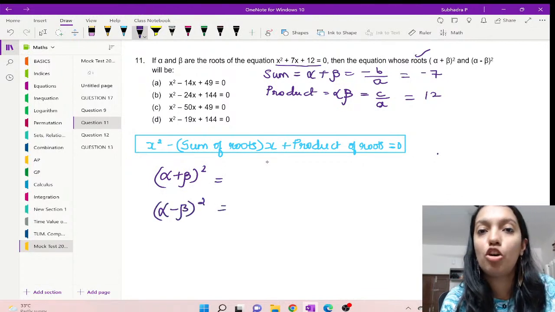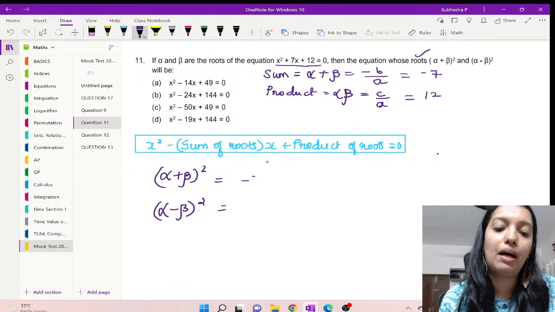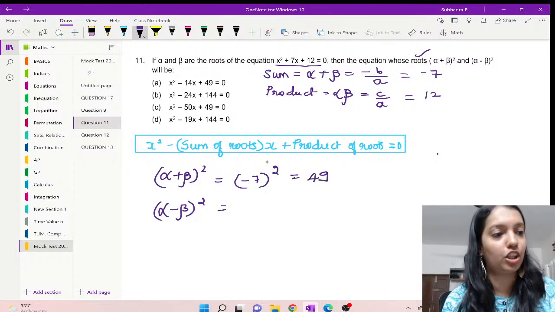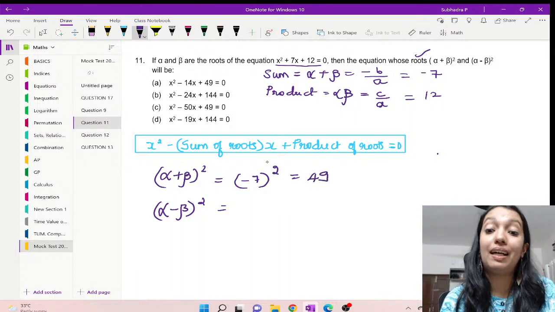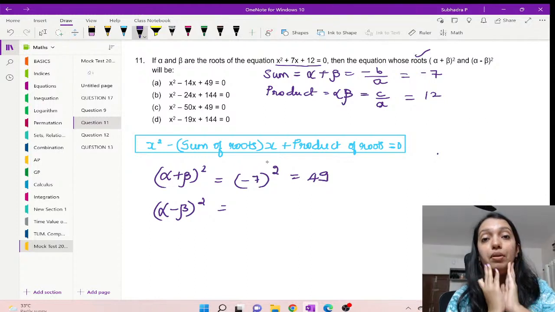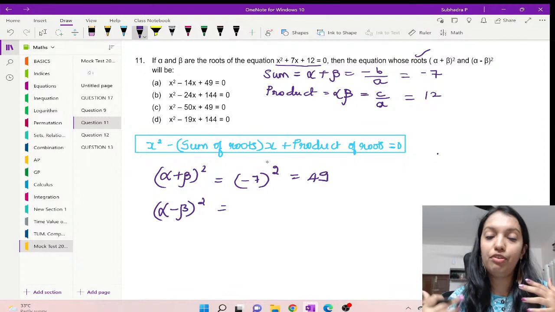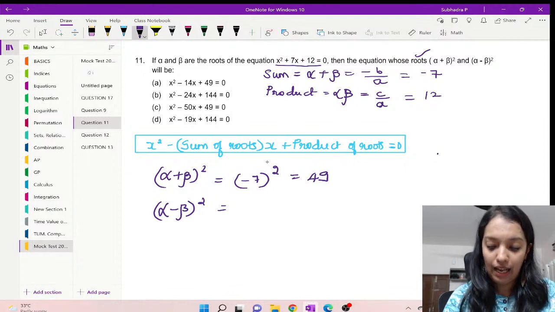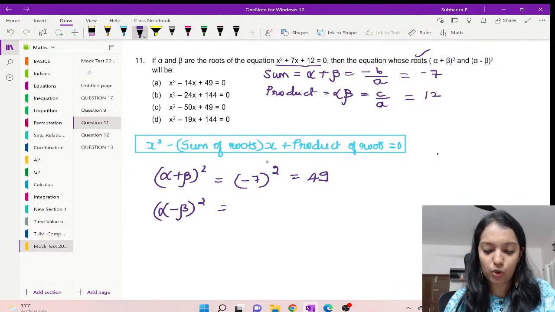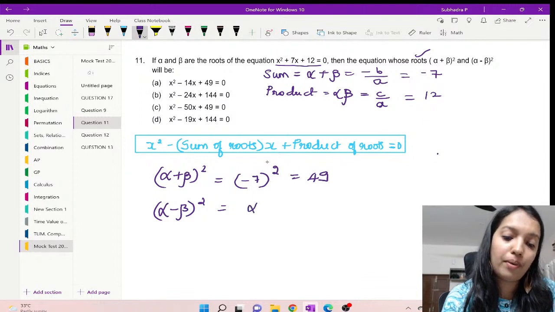Do you know the value of alpha plus beta whole square? We know alpha plus beta is equal to minus 7, whole square. So, this value is equal to 49. What is alpha minus beta whole square? We can't find it directly because there is no alpha minus beta given to us in the question. What should we do? We will apply the generic property: alpha minus beta whole square is alpha plus beta whole square minus 4 alpha beta.